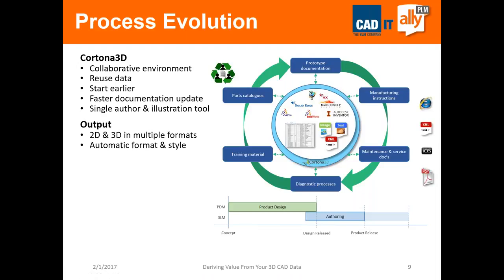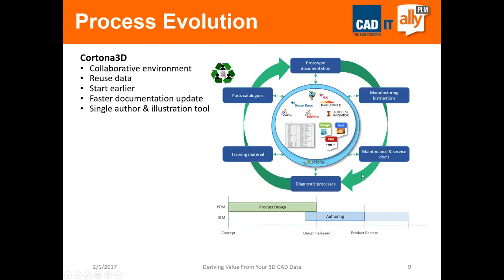And output isn't limited to PDFs and a text document. You can output in multiple formats. So HTML, so with HTML5, it's very easy to distribute to multiple devices. No plugins are needed to view content. I'm going to show some examples of that pretty soon. There's style sheets that we use for setting up automatic formatting and styling. You can export XML content if you have other systems or other partners that you work with to create translated content and other things that you need to do for your technical documentation.